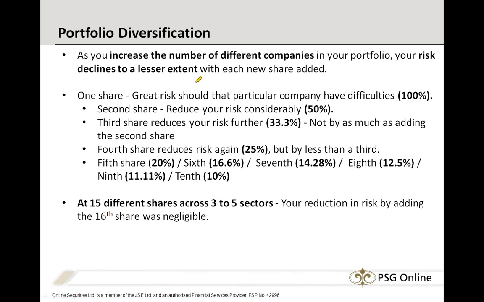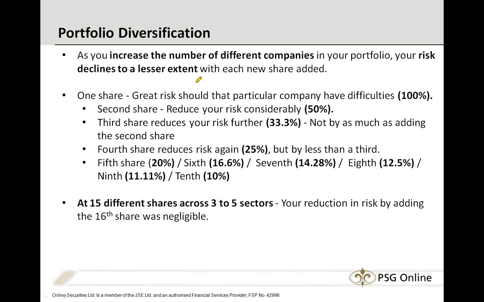As you add a third share, divided by 3, the risk is spread 33 and a third. Add a fourth share, we go down to 25% risk for that particular company. Fifth, 20, and so it goes on. When you get to number 10, each share is 10% of the risk to the whole portfolio.